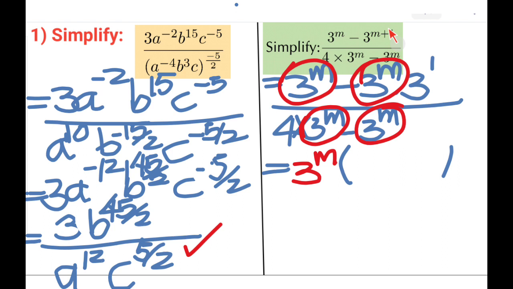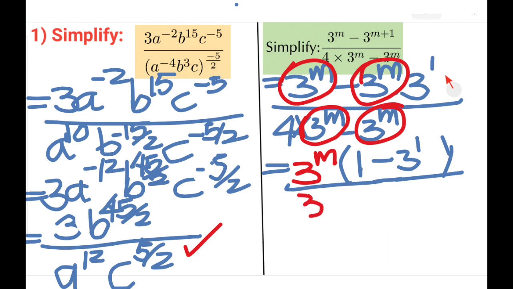Now what you are left with inside is 1 minus 3 to the power of 1, which is the same as 3. So we also take out the common factor at the bottom, and we're left with 4 minus 1.